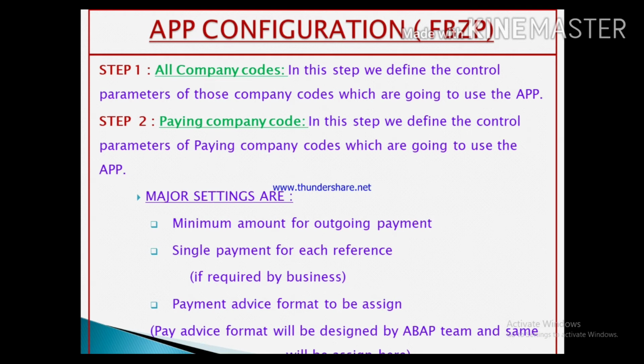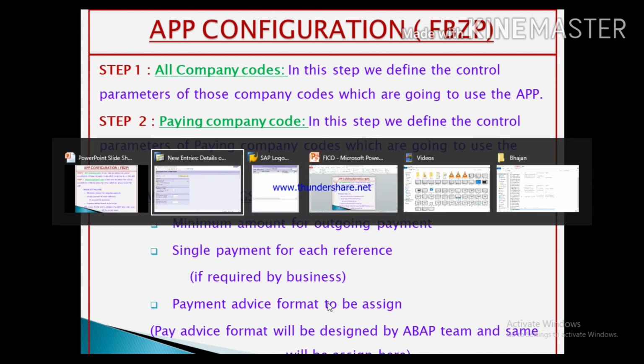The major settings are the minimum amount for outgoing payment and single payment for each reference, if required by the business. If your business requires a single payment for each reference, then you can maintain this. I'll go to the SAP screen and show you, then it will be clearer.